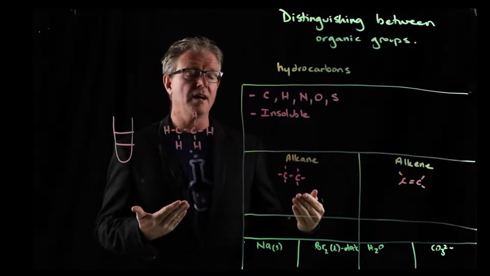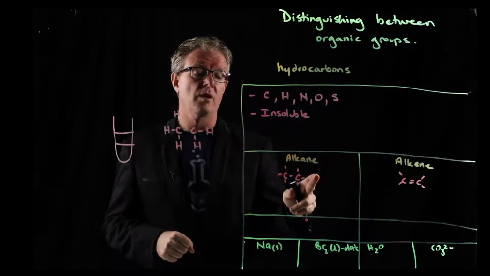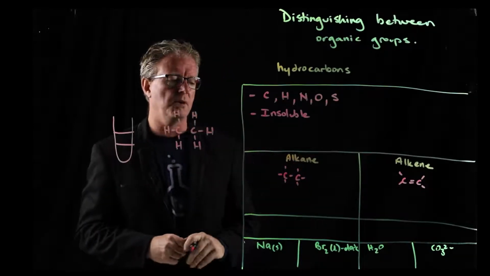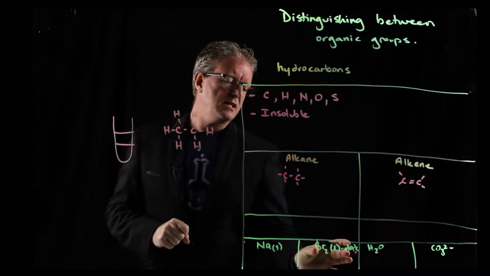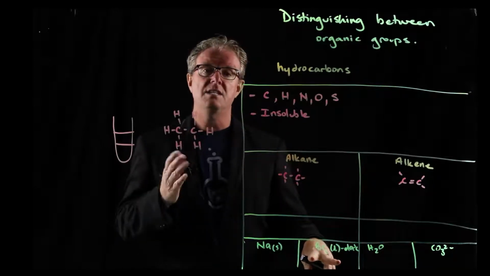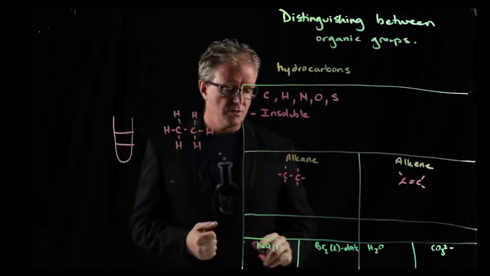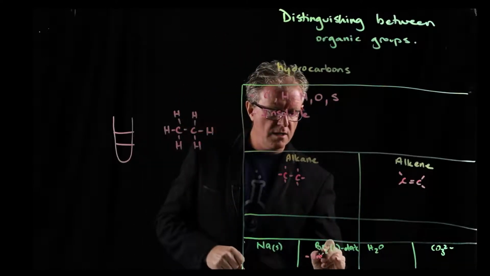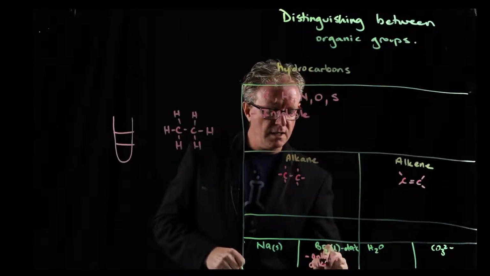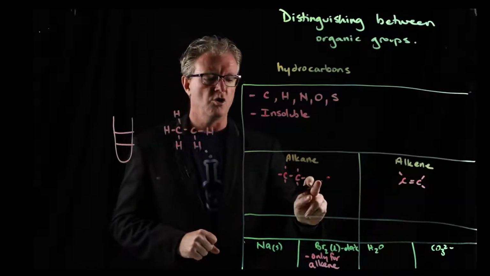If we test it in the light, we'll have a rapid decolorization with the alkene. There will be a slow decolorization with the alkane because the UV light causes a substitution reaction to happen. So I'm just going to say down here that's dark, right? So that tells us straight away if we have a decolorization reaction occurring, then it's going to be an alkene, not an alkane, right? The rapid decolorization occurs for alkenes, not for alkanes.